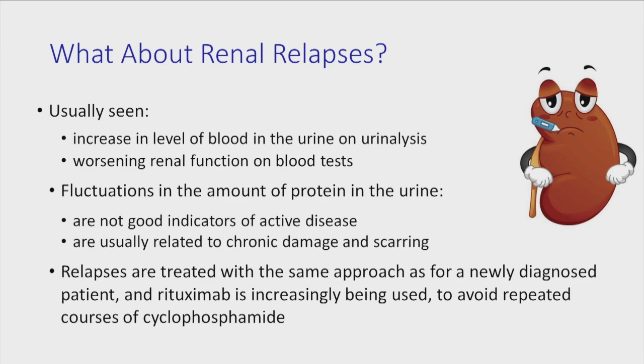As I mentioned before, fluctuations in the amount of protein in the urine are not good indicators of active disease. And they are usually related, or they can be related, to chronic damage and scarring. They can also be associated with active disease, but just because we see increased protein, we cannot think that the patient is having a relapse.